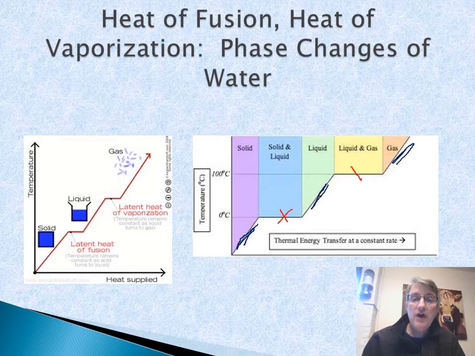That equation does not work here. We're going to look at another way to calculate the heat for that. So we can only use MC delta T where the temperature is actually changing. Here the temperature is changing. Here the temperature is changing. Here the temperature is changing. We can't use MC delta T where there's no temperature change.